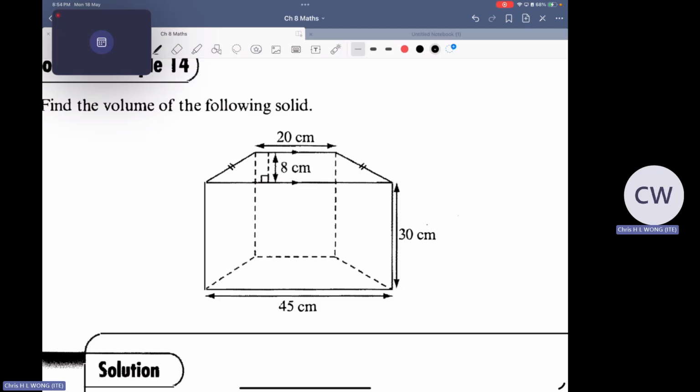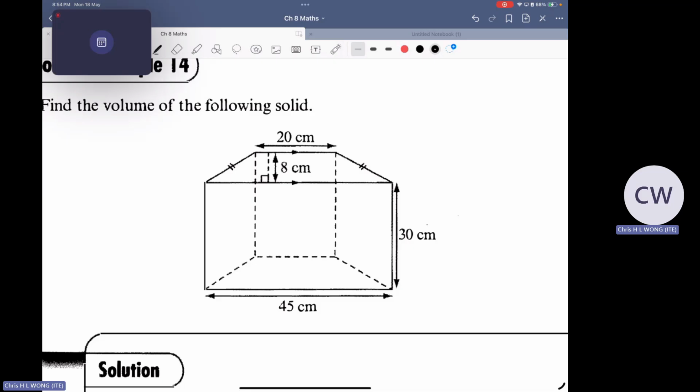It's 8, but when you look at the angle, actually it's not 8, right? It's slanting, isn't it? But they are trying to show you that you are looking exactly down from the top.